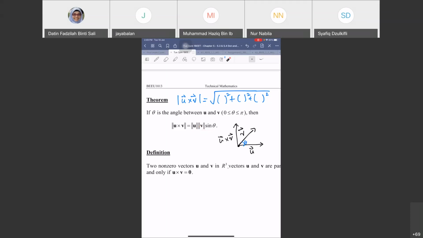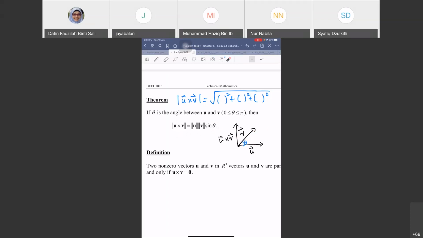This formula actually comes from the concept of a parallelogram, which we will come back to later. They extend this diagram into a parallelogram shape, and finding the magnitude of u cross v is the same as finding the height of the parallelogram.